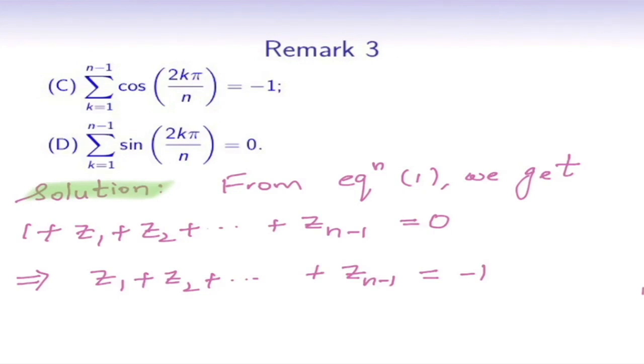Let us substitute the value of zk and separate the real and imaginary part of the complex number on the left hand side. So we have summation k goes from 1 to n minus 1, zk is equal to minus 1.